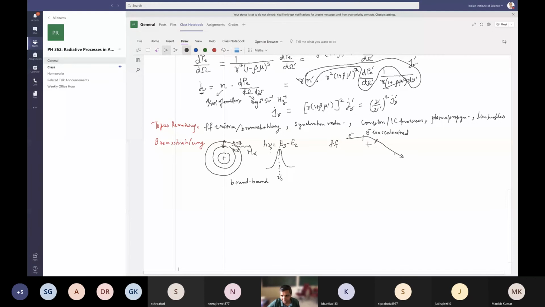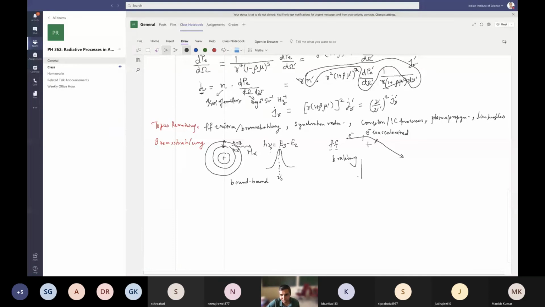It was free, and after acceleration it's also free. So that's why free-free or Bremsstrahlung or braking radiation, because this electron has been decelerated by protons. So this has been braked by the protons, as when we apply brakes to a cycle. So this is called braking radiation for that reason.